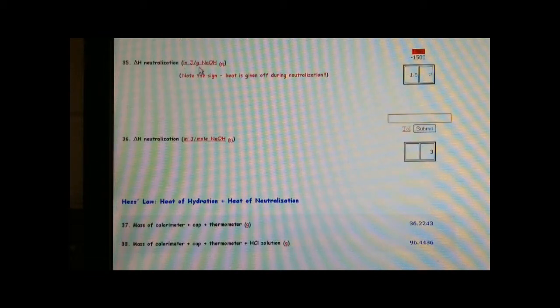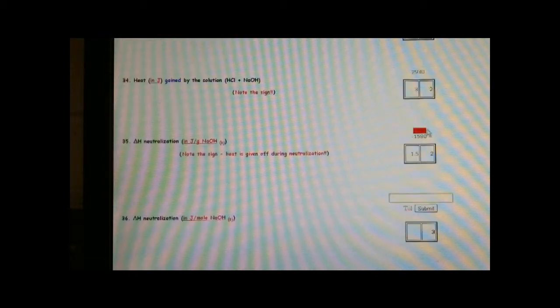Now we want the heat of neutralization in joules per mole. So here's the heat of neutralization in joules per gram. Now let's find that in joules per mole.